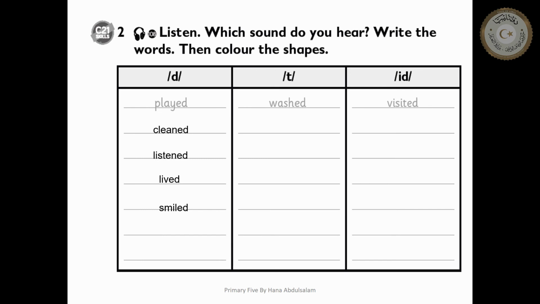Smiled. Talked. Walked. Liked. Finished. Locked. Watched.